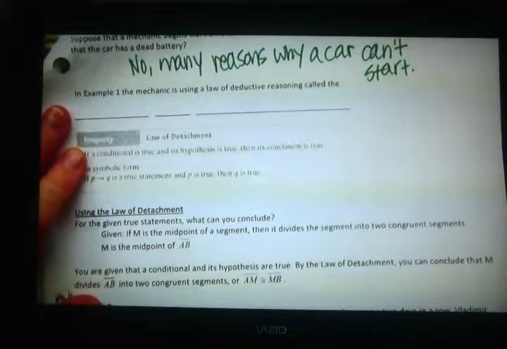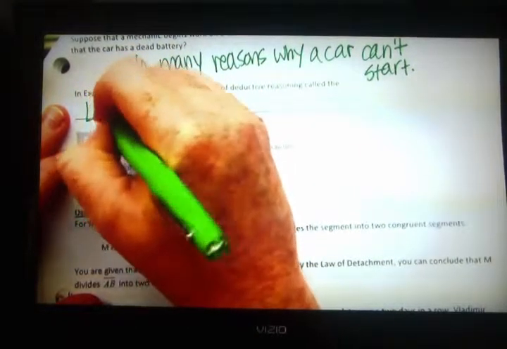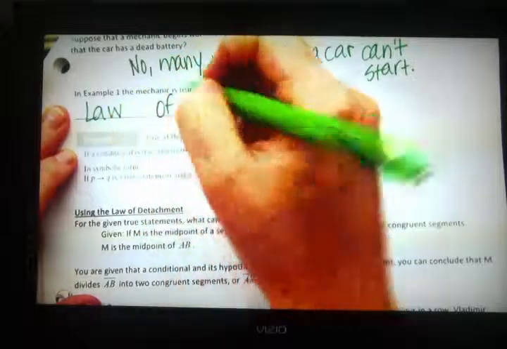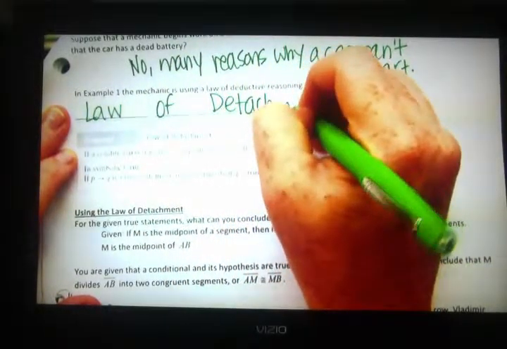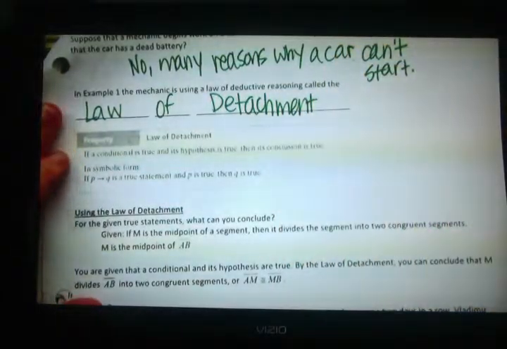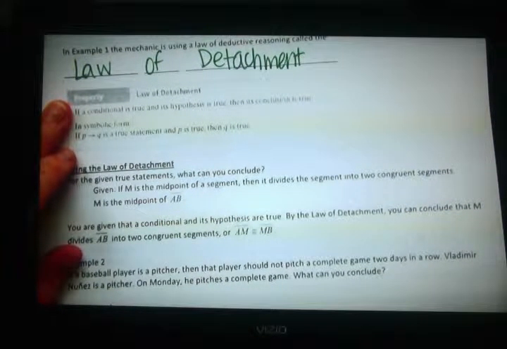Let's look here. In example 1, the mechanic is using a law of deductive reasoning called the law of detachment. Okay? Now let's look more at that. So, if a conditional is true and its hypothesis is true, then the conclusion is true.